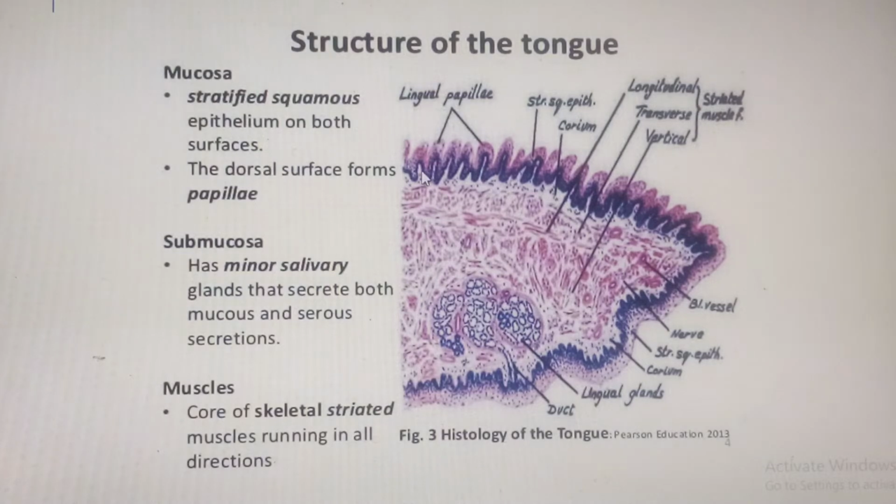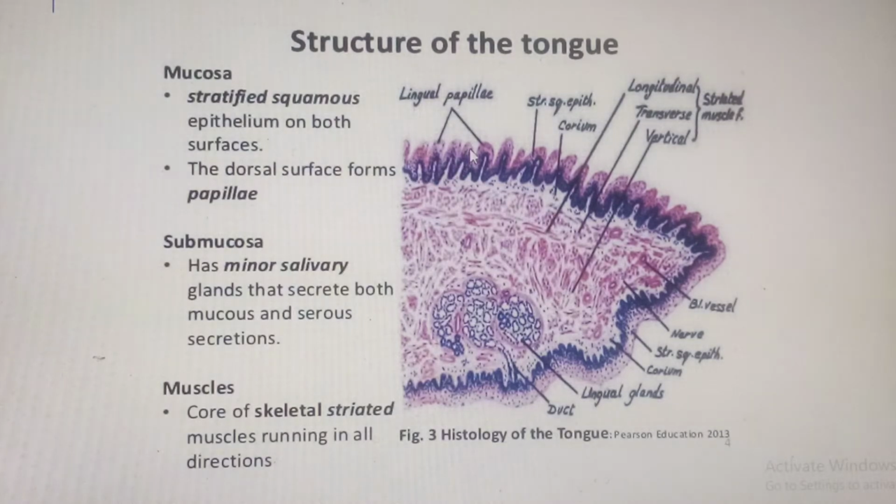Now, because the tongue is an oral structure, when you are asked to state the epithelial lining, you tell us that it is stratified squamous non-keratinized epithelium, a lining mucosa, except in the anterior two-thirds of the dorsum of the tongue, where the filiform papillae will be keratinized. So that is one thing that I want you to know.